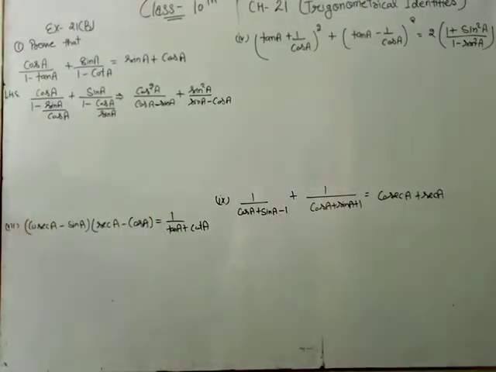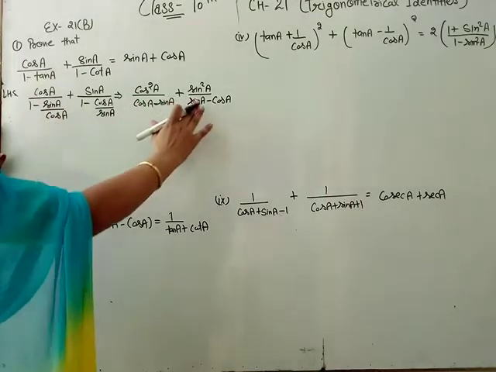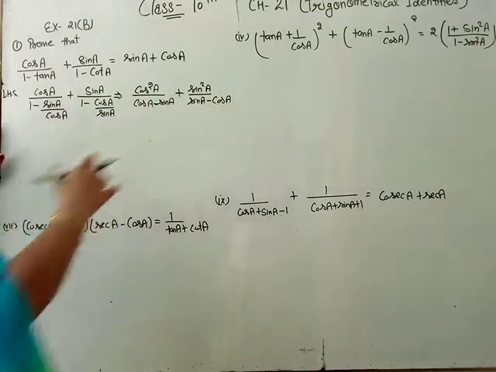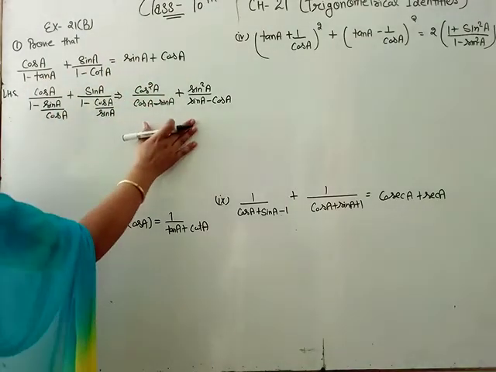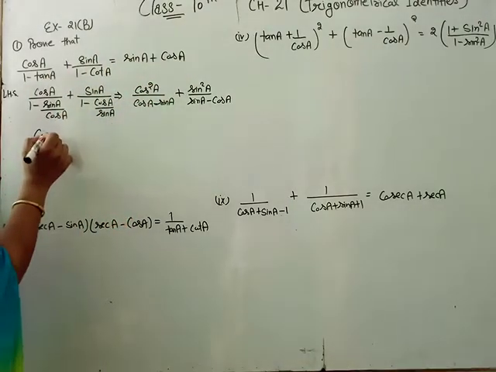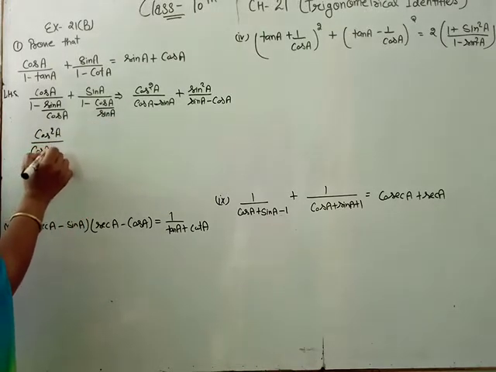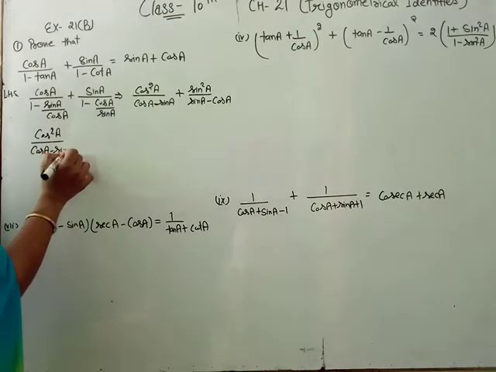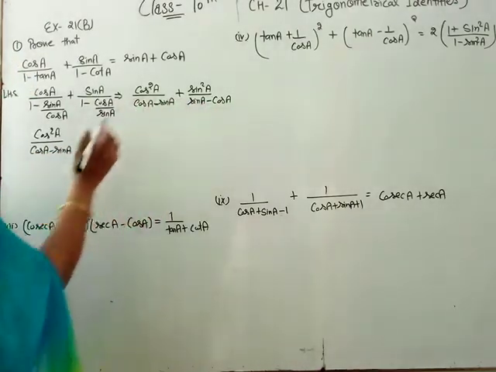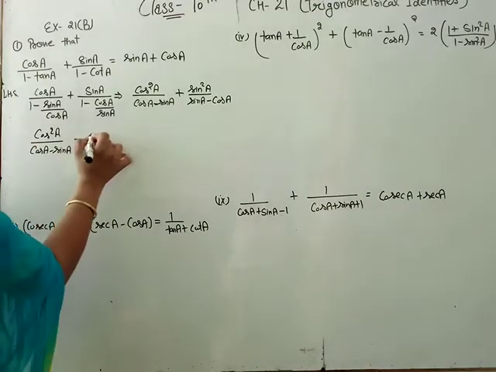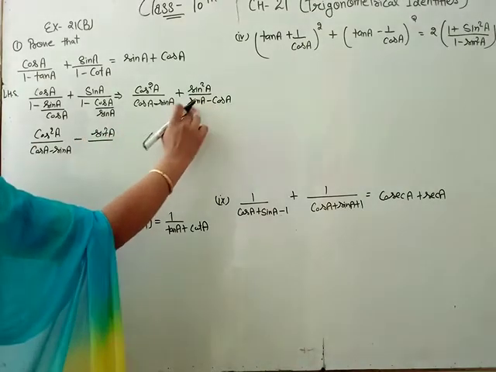Okay, next this is cos square A and this is sin square A. We have to show that it equals sin A plus cos A. We take cos square A divided by cos A minus sin A as it is, and for the second term we take a minus common from the denominator, so sin square A divided by minus (cos A minus sin A).